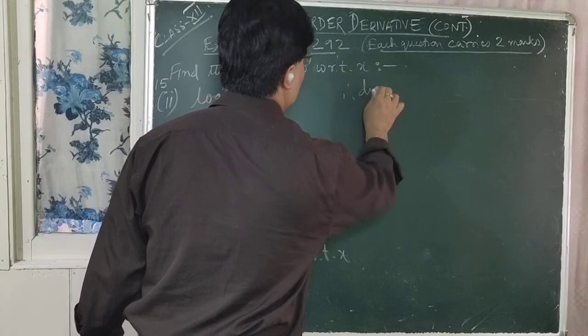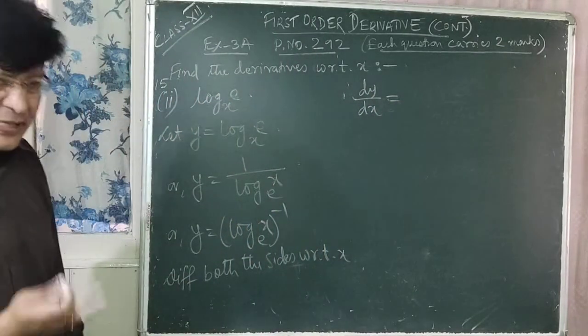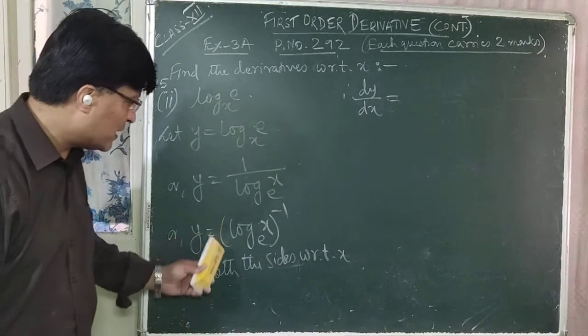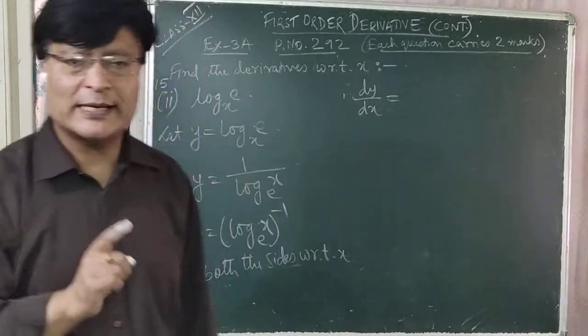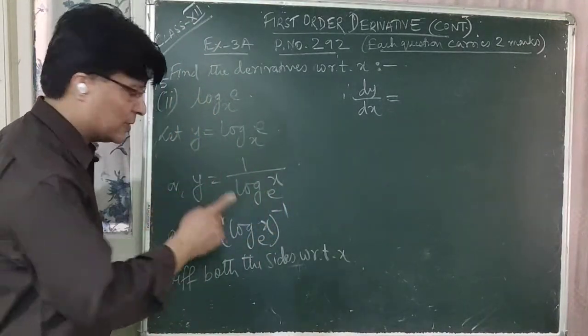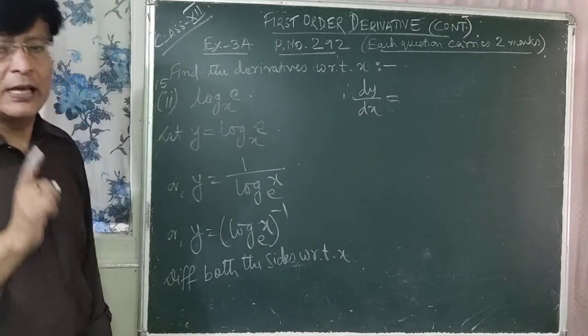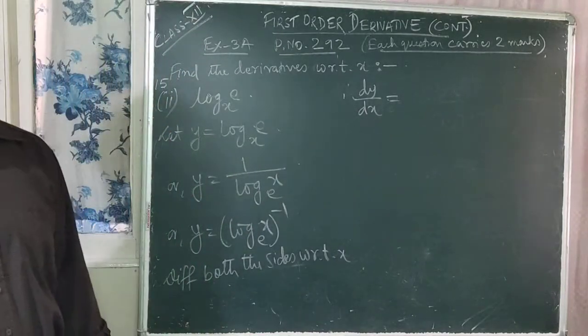So therefore dy by dx, now we can easily differentiate it directly. What is dy by dx of log x base e whole to the power minus 1? First of all, you should take it as x to the power n, because your power minus 1 is constant and log x base e is the variable. That variable should be taken as x. So it is in the form x to the power n.